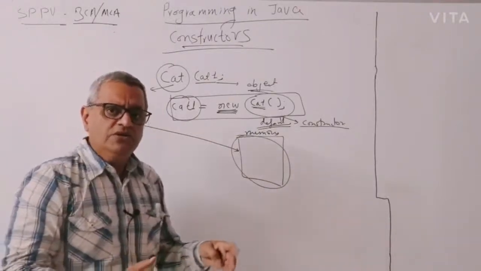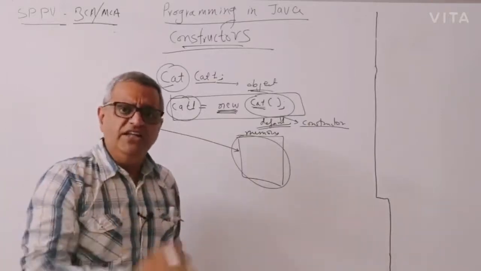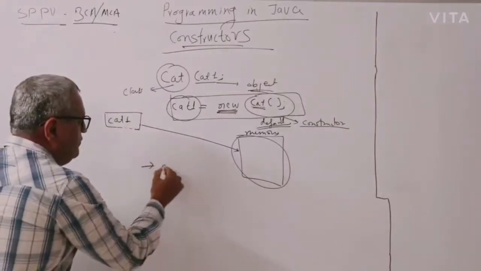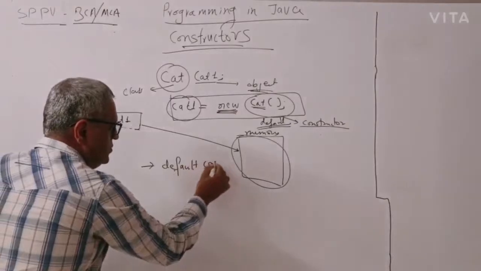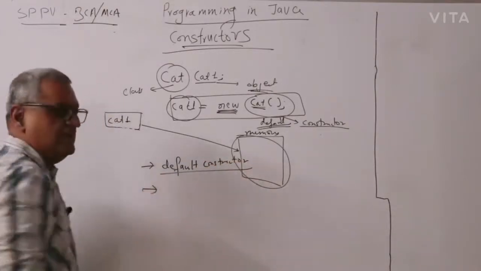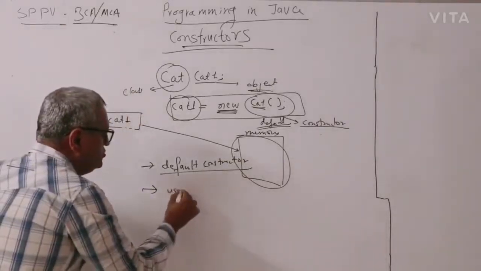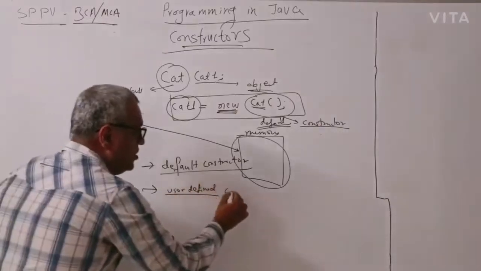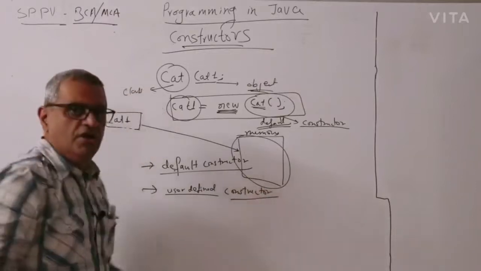We will now take a deep dive into actual coding, and at the end of this video, these are the things we will learn. One, we will see what a default constructor does. After that, we will declare a user defined constructor of our own within the code.